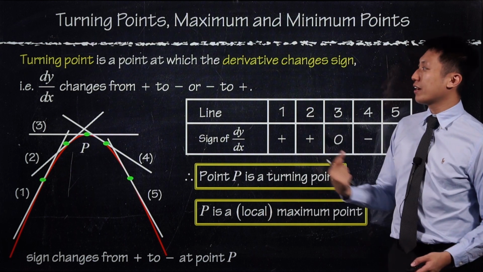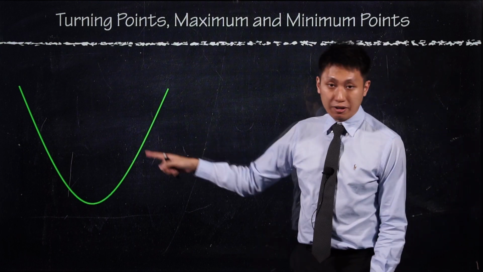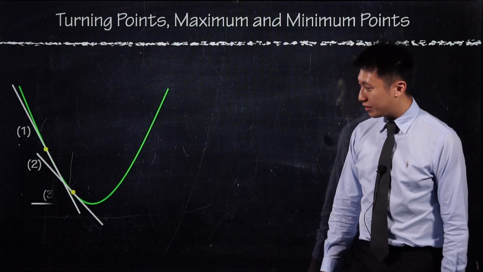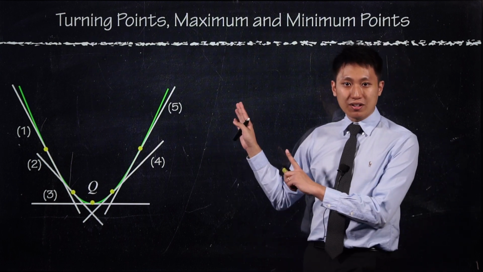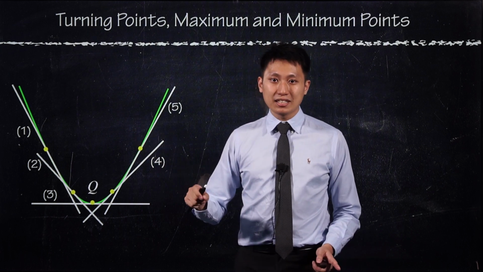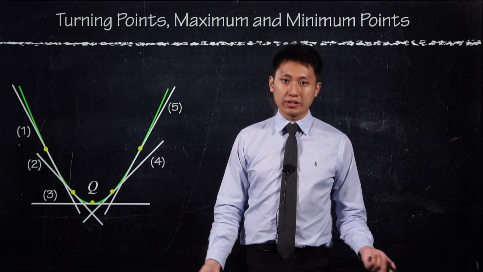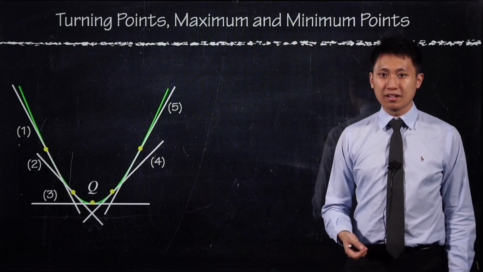Let's look at one more example. It's almost the same as the previous one. We have this line over here; name all these lines. Before I review, can you tell me whether dy/dx changes from positive to negative or negative to positive? Think about it.